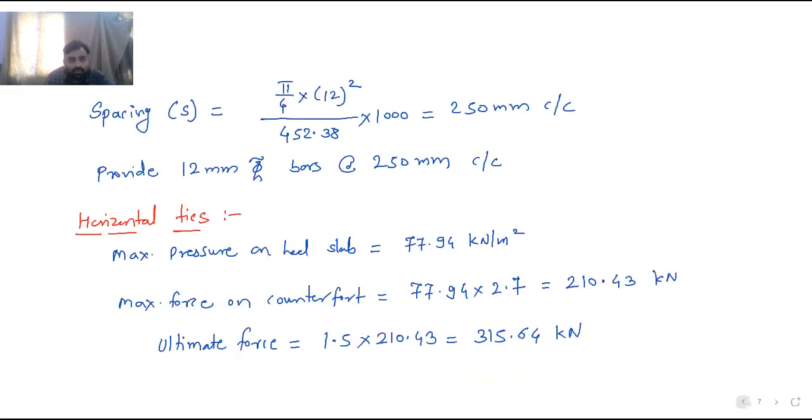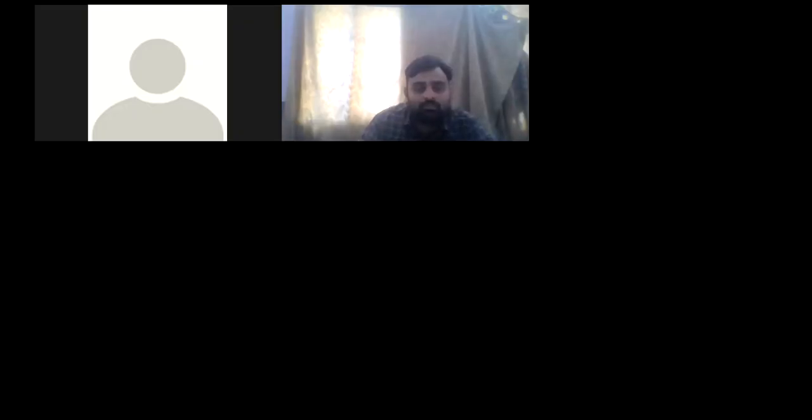For the vertical ties, 250 mm, and for horizontal ties, okay, the net got disconnected. So I will tell you that detailed reinforcement of counterfort once again by drawing the diagram.